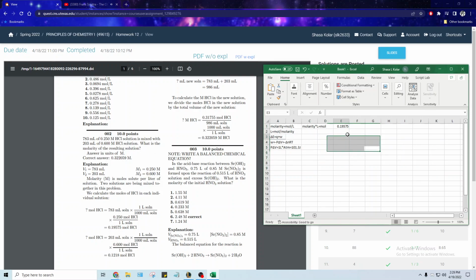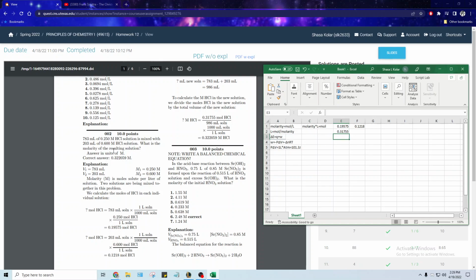It's kind of in the way. And then we're going to find out how many moles we have in the second solution. So that's 0.203 times 0.6 HCl. So these are our two, the moles in this and the moles in that. So we just need to add them together. Plus this equals. So this is our total number of moles.